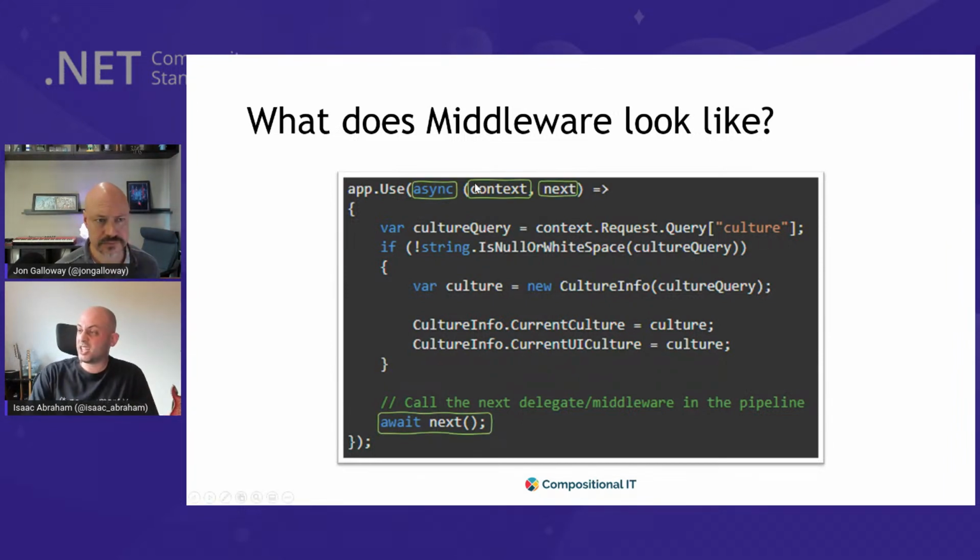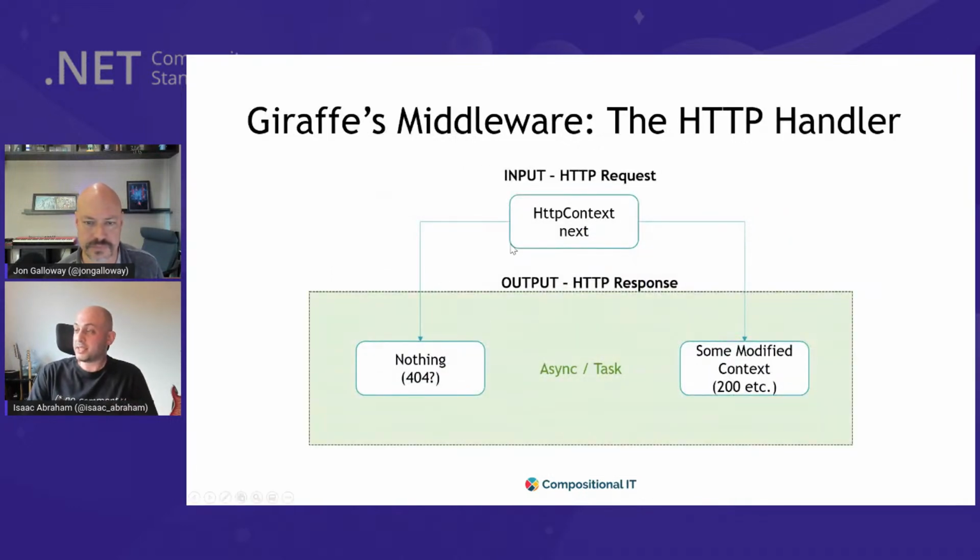The only things really to think about here are what the inputs are, HTTP context and the next one in the pipeline, and it all happens asynchronously. Yeah, async. That is basically how most F# developers look at entire web apps, to be honest. That's really what Giraffe is. So it basically is the same thing.